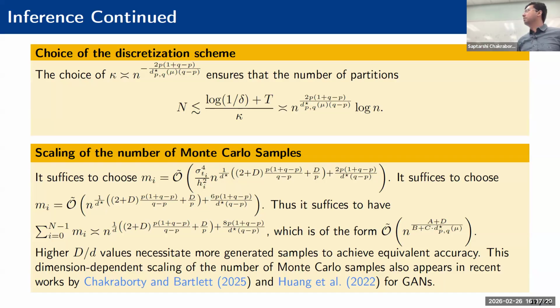Yes, so m is the sum over m sub i's. I don't know if they take it with this scale, but certainly I think people use a number of Monte Carlo samples larger than n. At least for GANs they do. I'm not sure about diffusions.